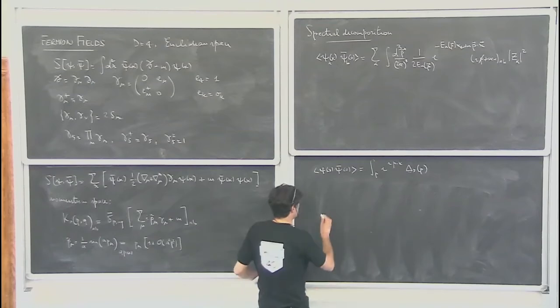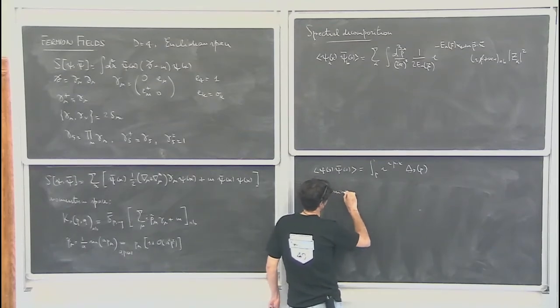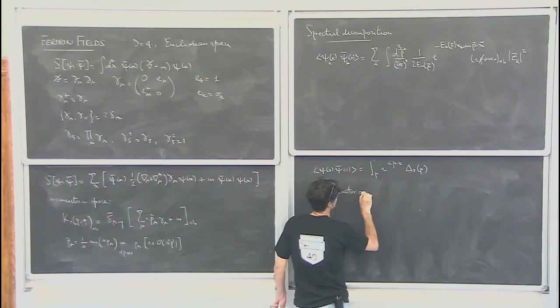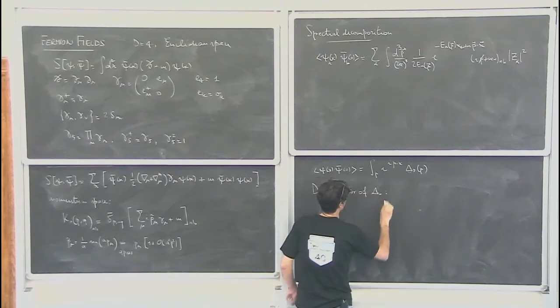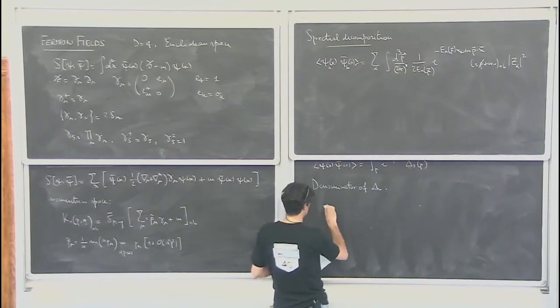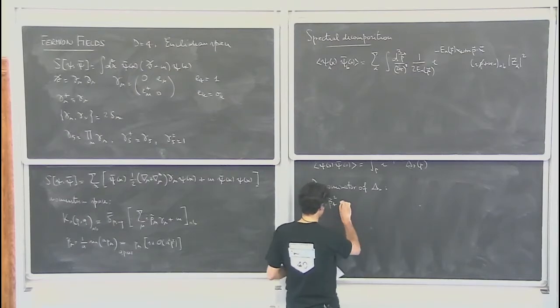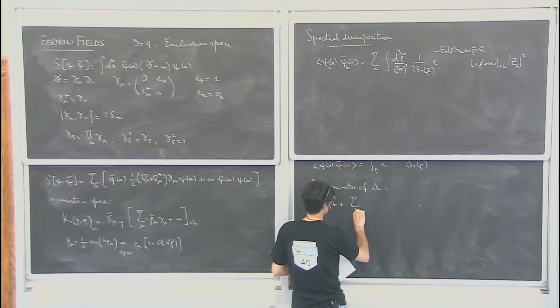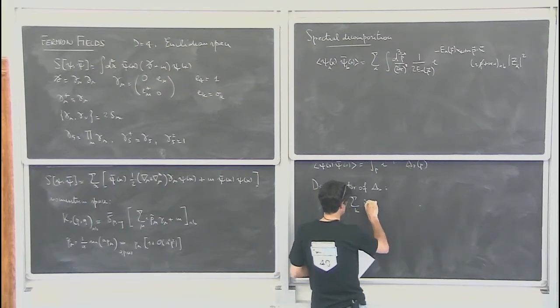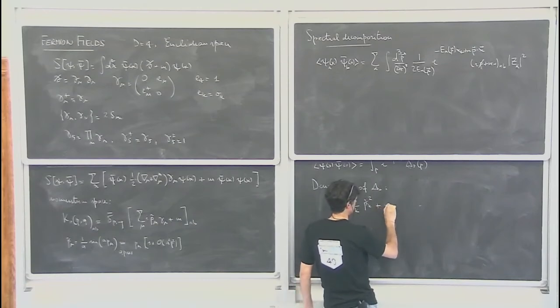So in the denominator of delta 0, we have P tilde 4 squared plus the sum over k of P tilde k squared plus m squared.